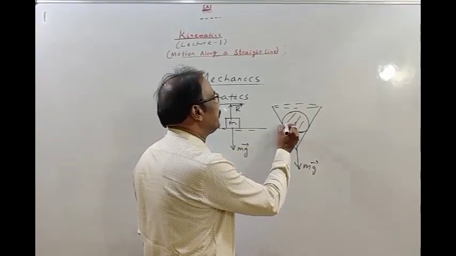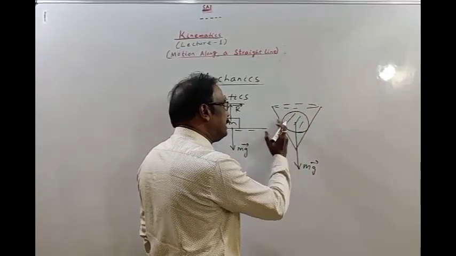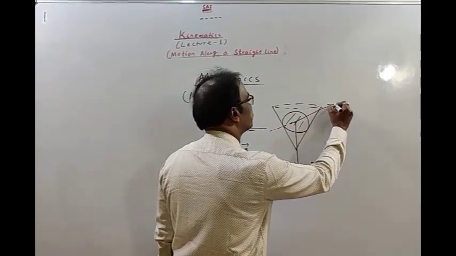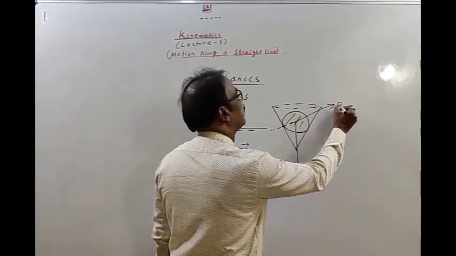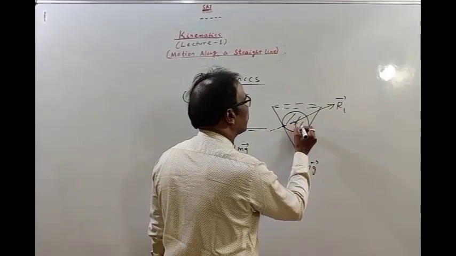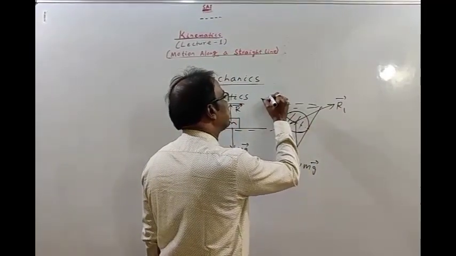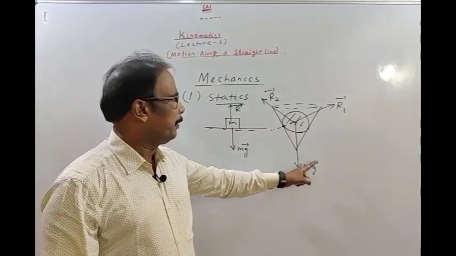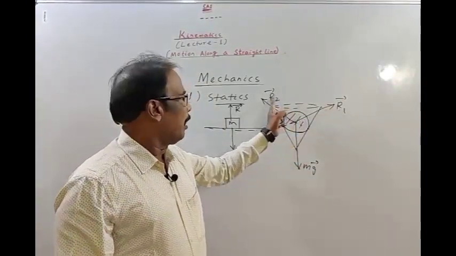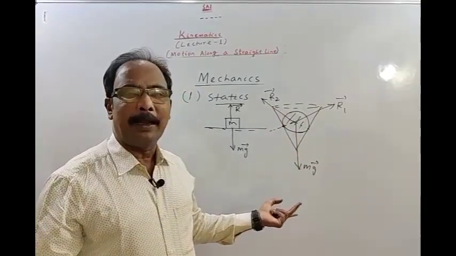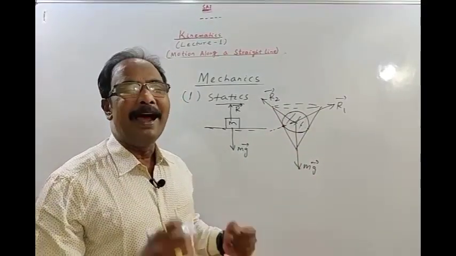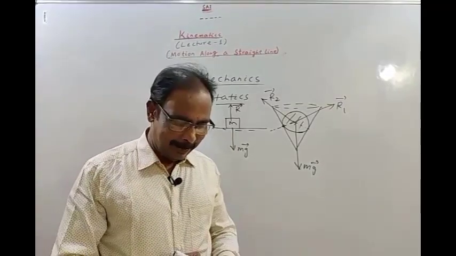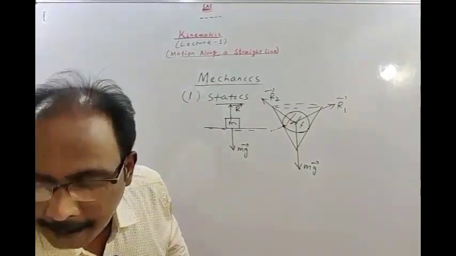This is one of the contact points where the body leans on the surface and a reaction starts from this contact point; let this reaction be R1, and from the other contact point another reaction is R2. Thus 3 forces, the weight of the body, R1 and R2, are acting on the body simultaneously and the body continues to be at rest. All these discussions are under statics.